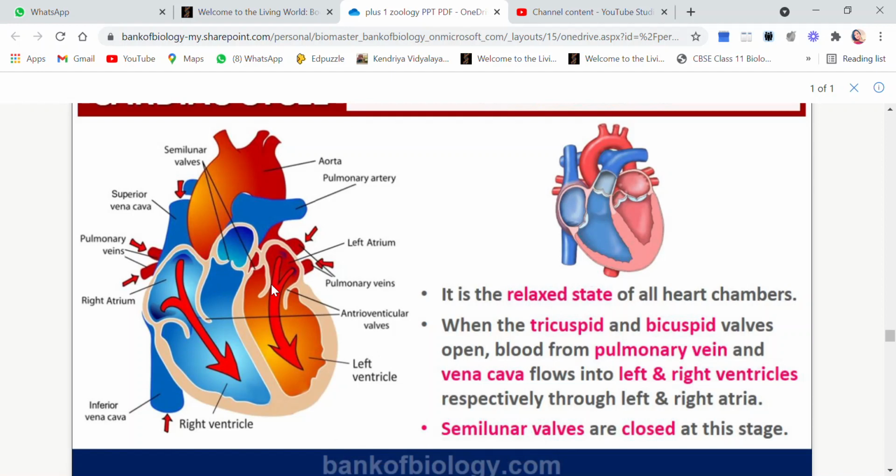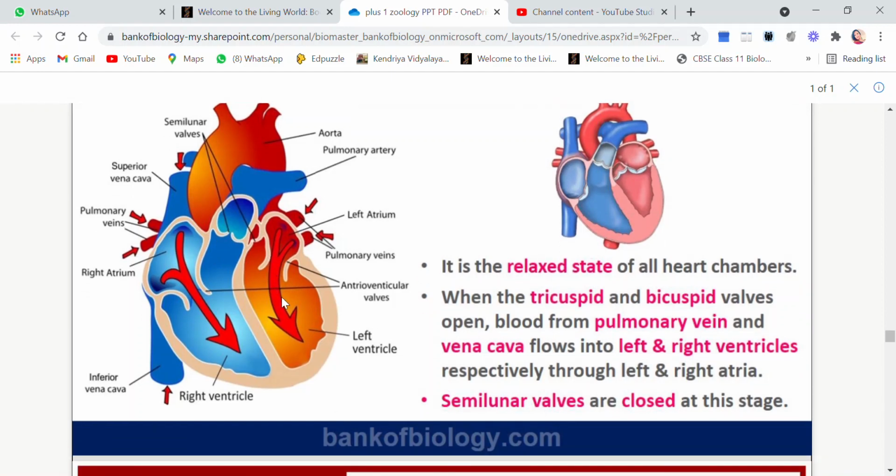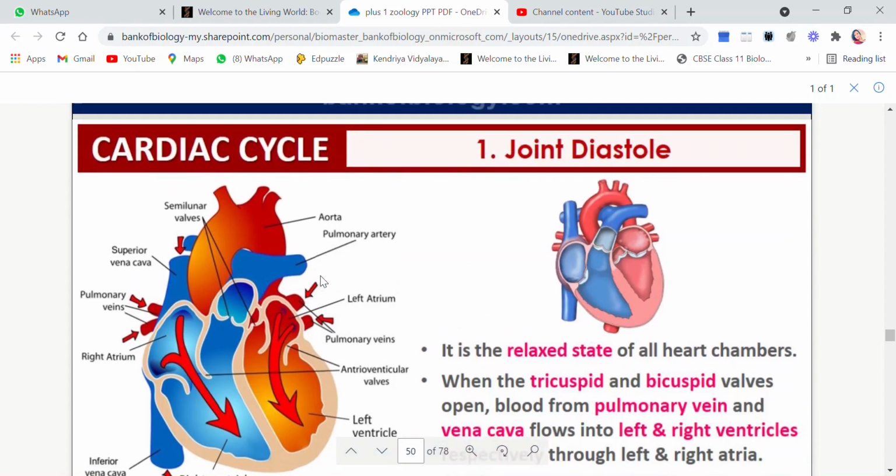And at this stage, the semilunar valves are closed. Now, where are these valves present? The semilunar valves are present between the right ventricle and the pulmonary artery, and between the left ventricle and the aorta. So these valves are closed. Only the tricuspid and bicuspid valves are open. So this is the situation of joint diastole.